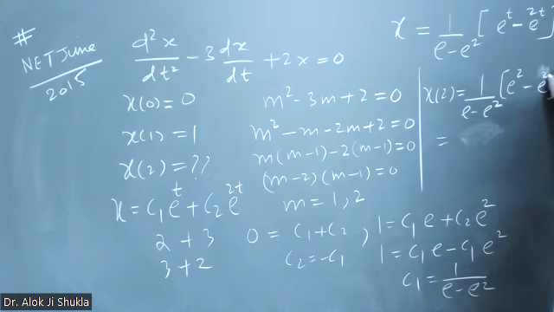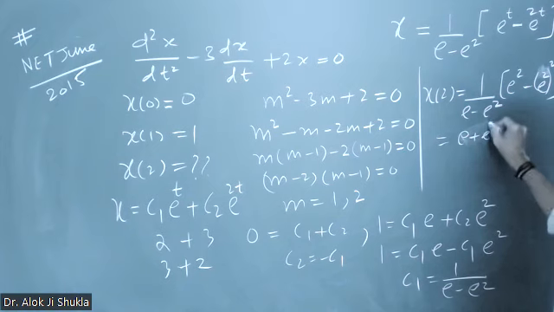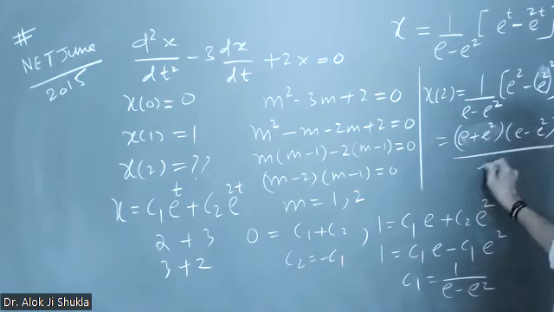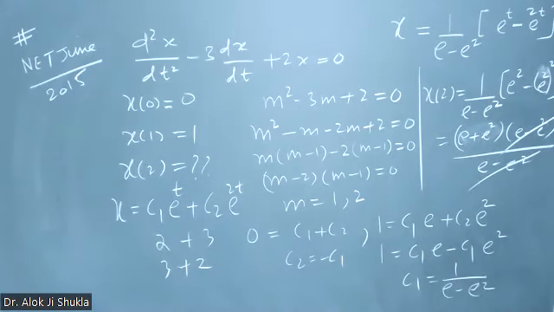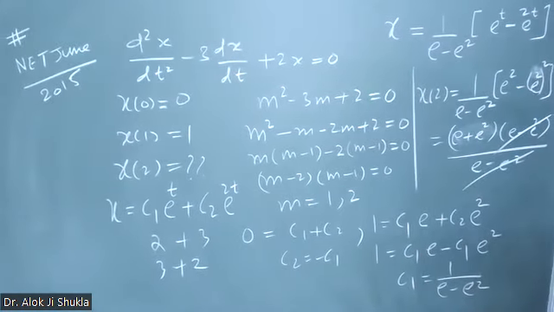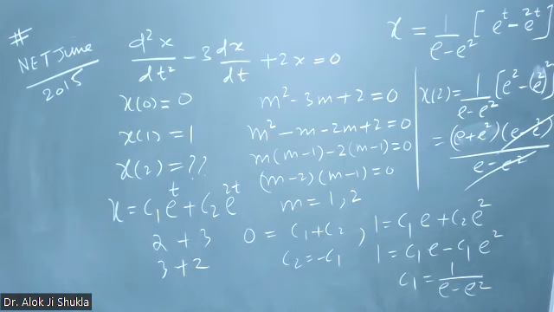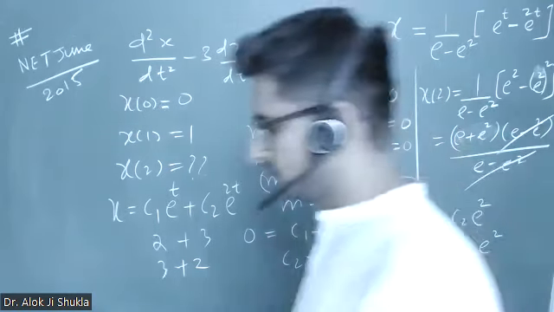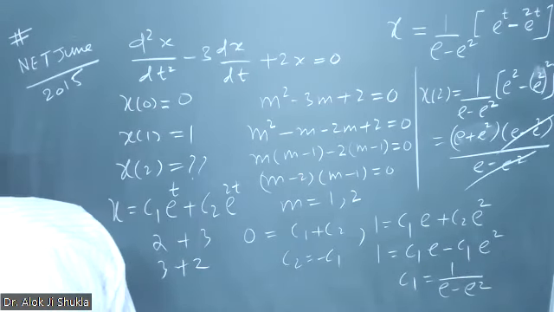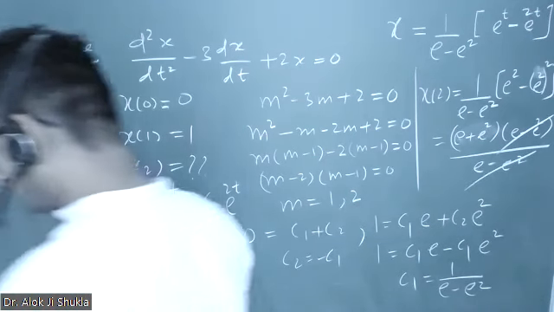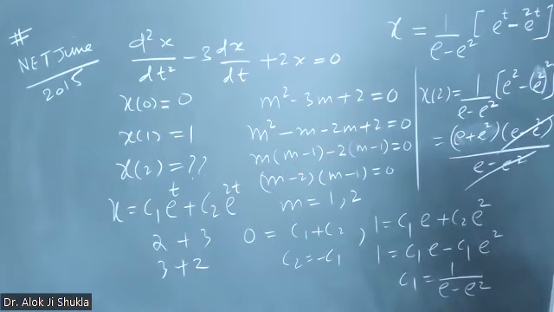This is what, e square ka square, correct hai. So e plus e square and e minus e square upon e minus e square, which is cancelled, so this is the answer. Check this. Every step is clear?